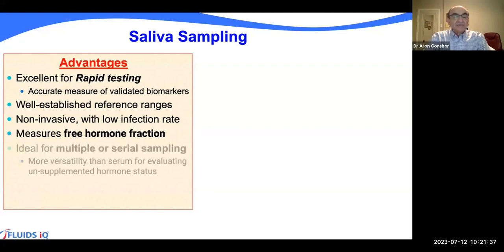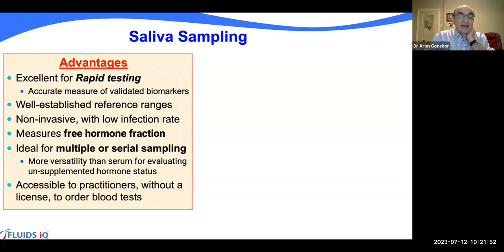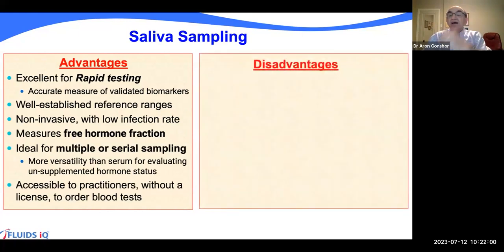That's what it does. It's therefore ideal for multiple or serial sampling, which we're going to go into in a few moments, and much more versatile than serum for evaluating unsupplemented hormone status. And of course, it is accessible to many practitioners, many of them without a license to order a blood test, which is something we need to keep in mind.